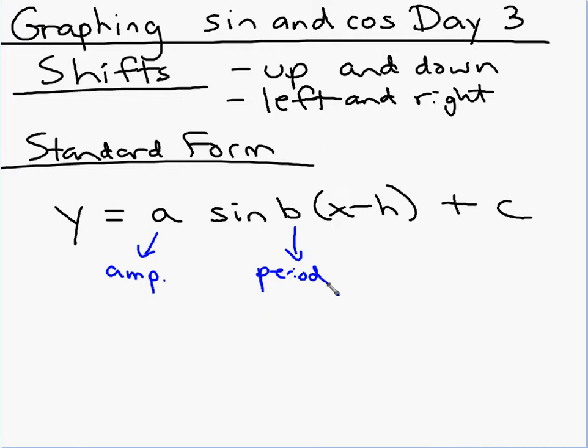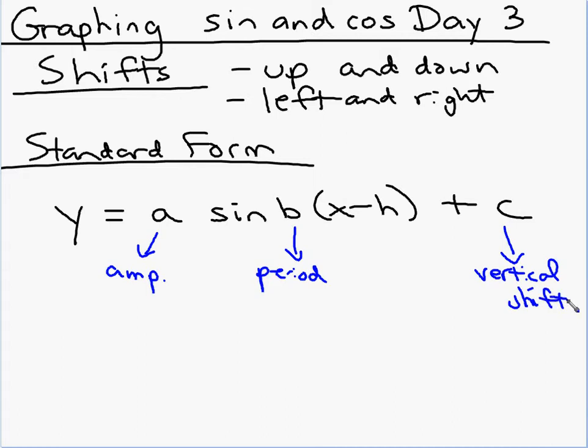All right. But the good news is all our work we've done earlier in the year with transformations still works the same way. What do you think this plus c is? Is that my shift up or down? This tells me my vertical shift, whether it's up or down.